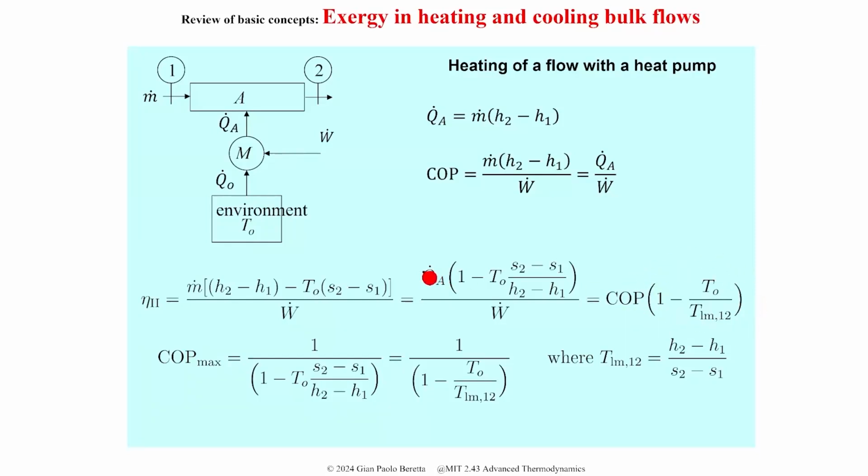And here you recognize that QA over W is COP. So the second law efficiency is given by COP times the Carnot coefficient.